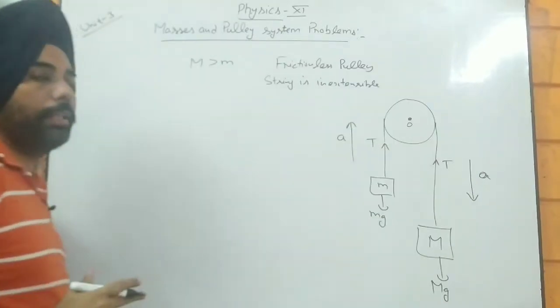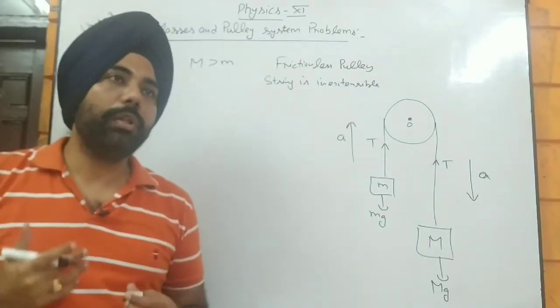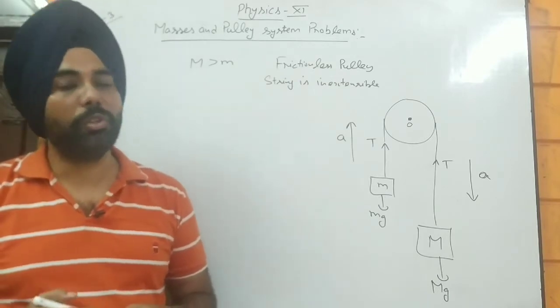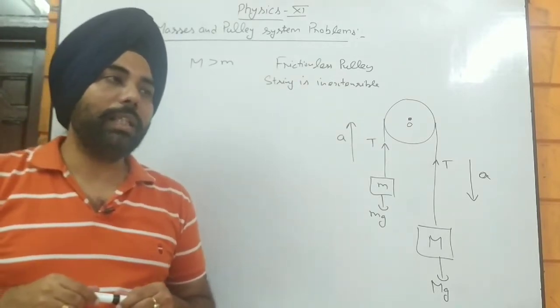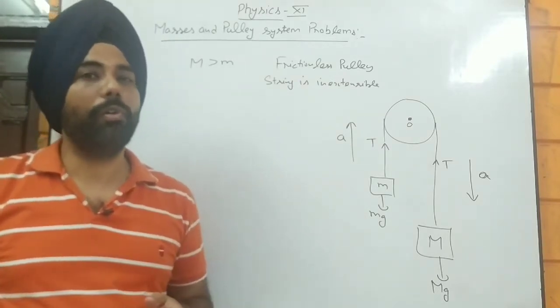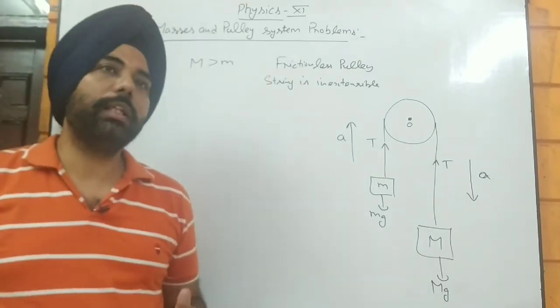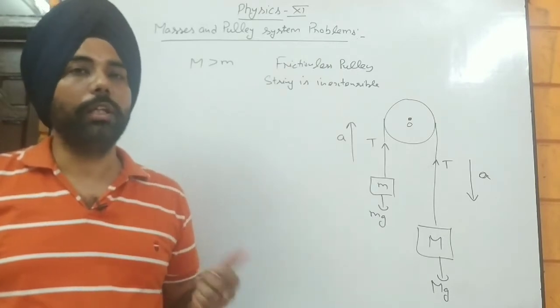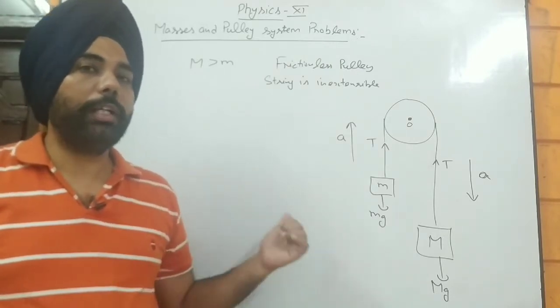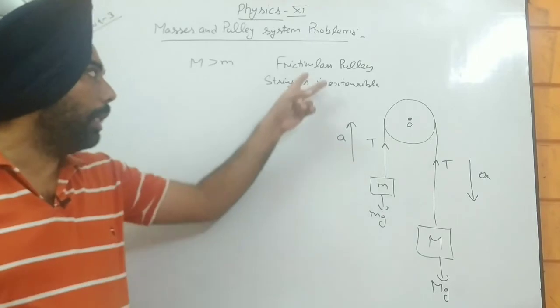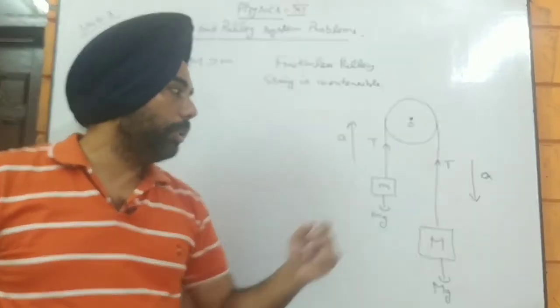You should always write those assumptions, because if we consider the friction of the pulley, then that formula is not going to be true. And obviously if we consider some elastic properties of the string, then we are not able to find the formula so easily. So those are the assumptions in the mass pulley system.